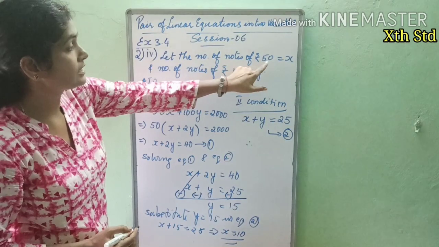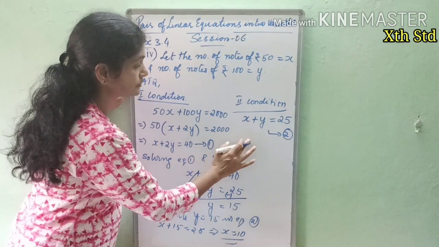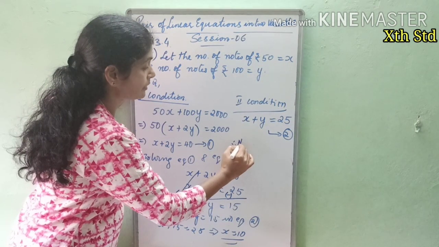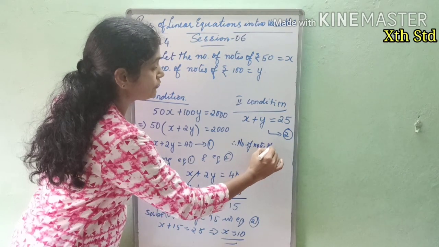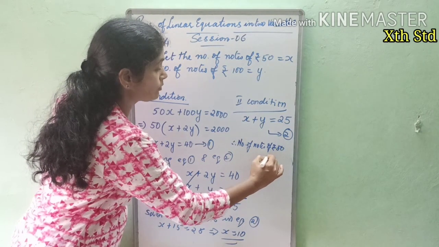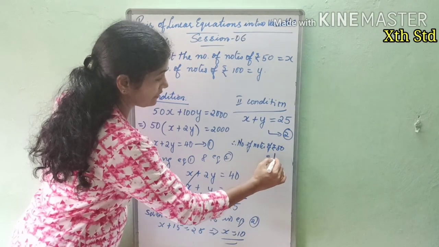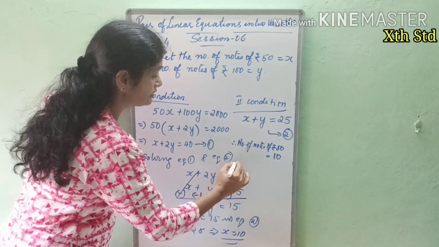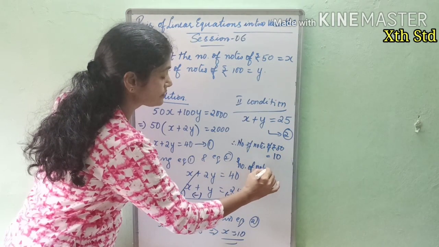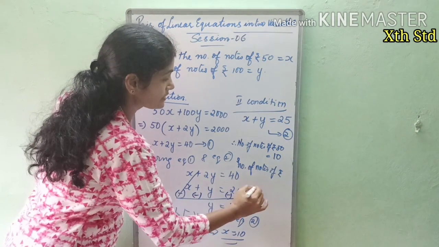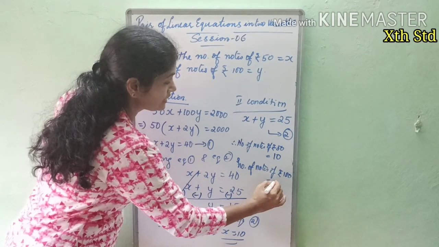What is that x? 50 rupee notes. Therefore we will write here, therefore number of notes of rupees 50 is 10, and number of notes of rupees 100 is 15.